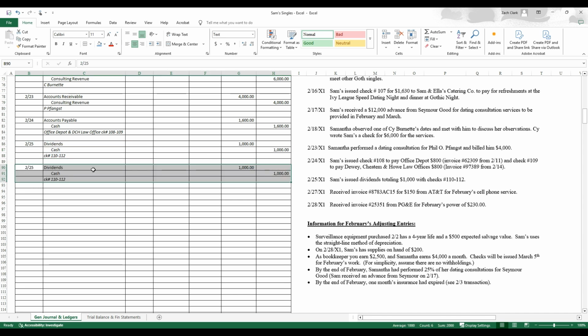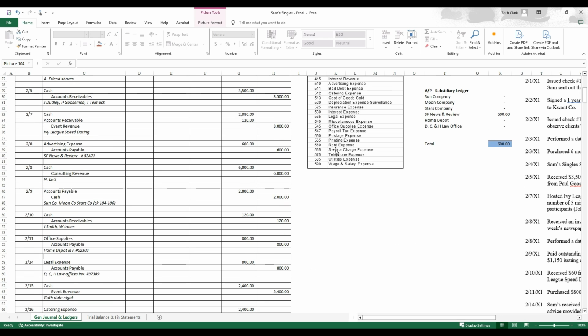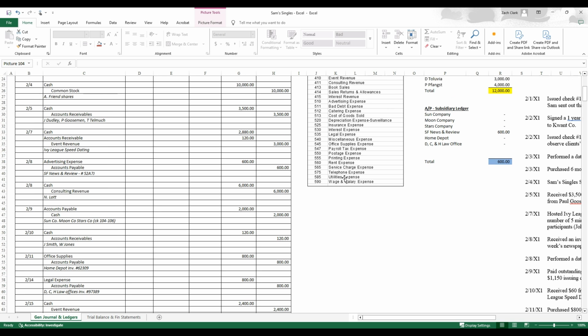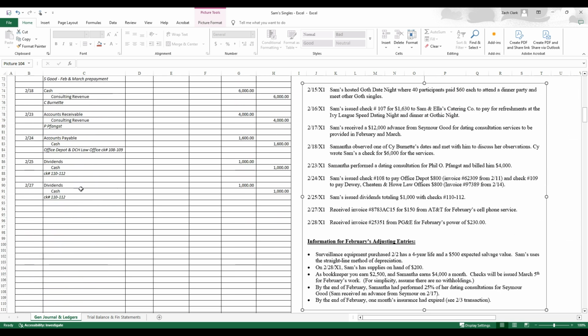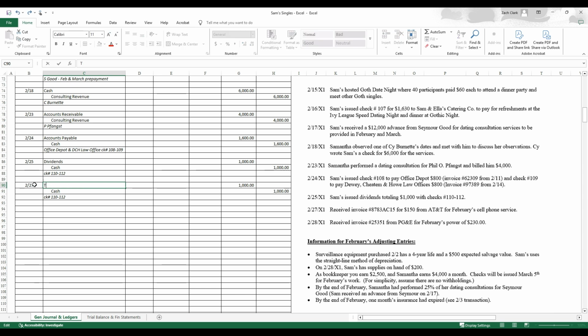Okay, on the 27th, we received an invoice for some cell phone service. So let's look at our chart of accounts. What do they call this? Phone, telephone, maybe? Yep, telephone expense. Not cash, but accounts payable.